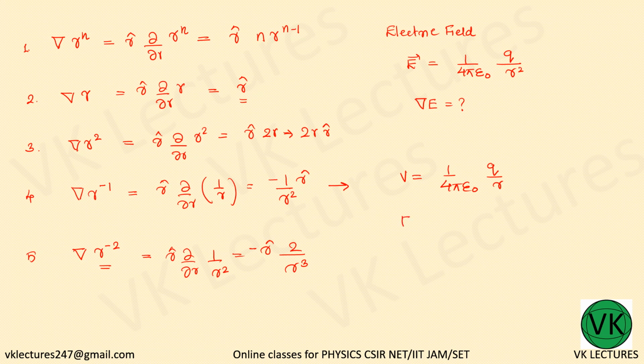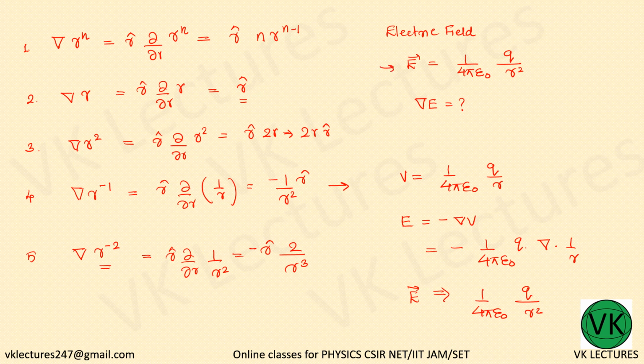So E is equal to minus del V. That is minus 1 by 4 pi epsilon naught Q into the gradient of 1 by r, which is minus 1 by r square. So minus and minus becomes plus: 1 by 4 pi epsilon naught Q divided by r square. This is nothing but our electric field.